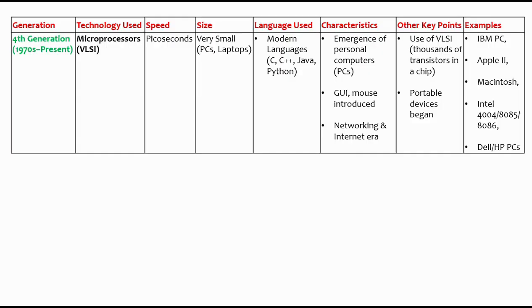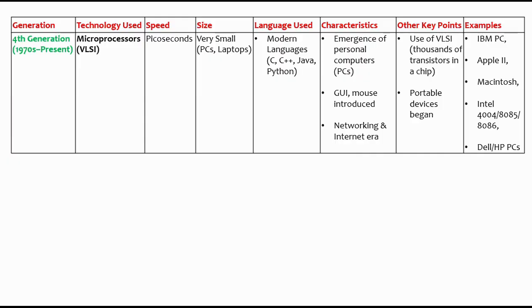During this generation, the GUI or graphical user interface was introduced, allowing people to use icons, windows, and a mouse instead of typing commands. Then the internet, networking, and wireless communication rapidly expanded.